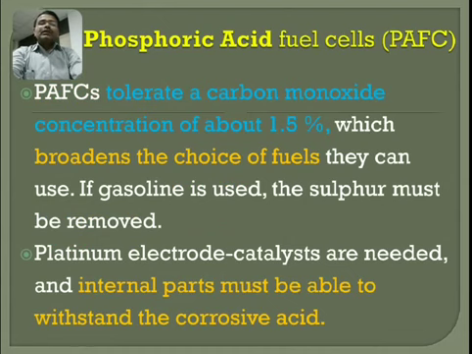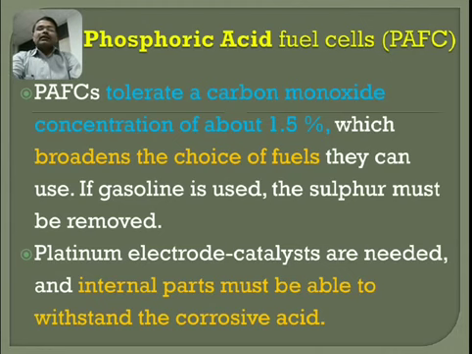These fuel cells tolerate a carbon monoxide concentration of about 1.5%, so it broadens the choice of fuel we can use. If we are using petrol, the sulfur type of impurities should be removed from the petrol or gasoline type of fuels.